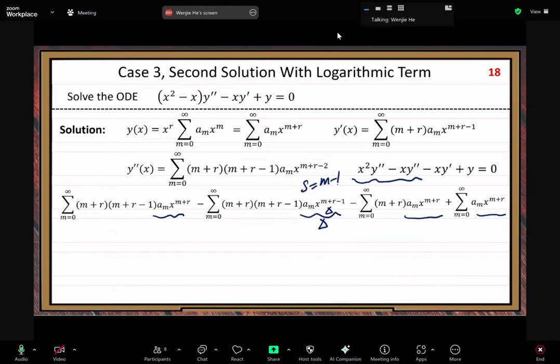Because the r part is the same for all of them, our substitution does not include the r. So s equals r plus m minus 1, and you move to s. For the other 3 summations, just replace m by s directly.